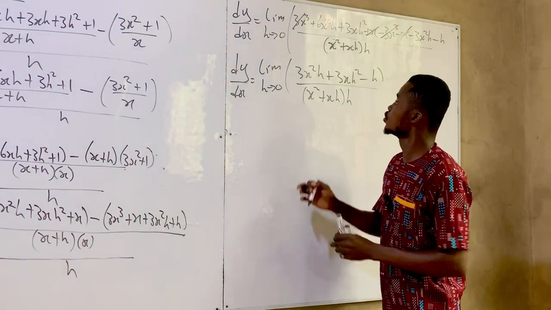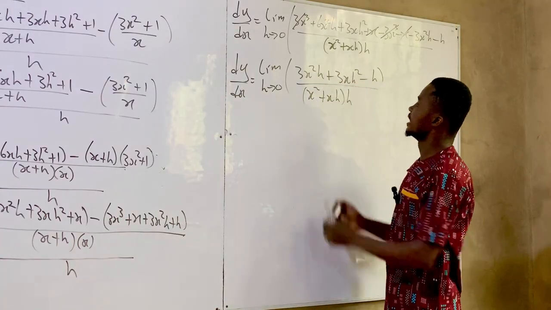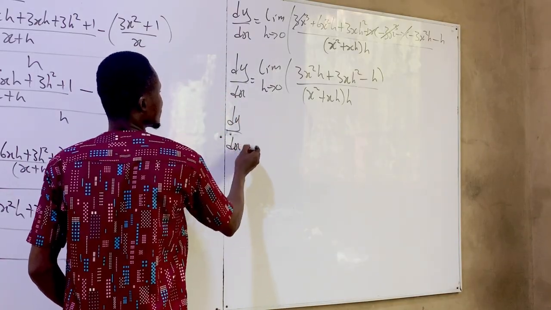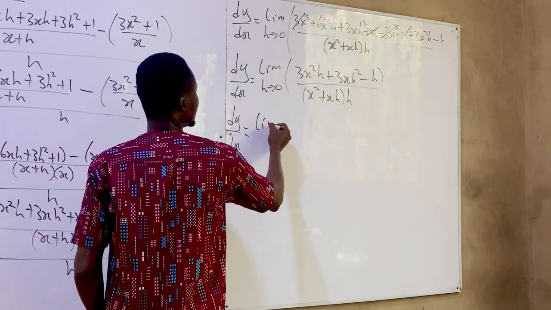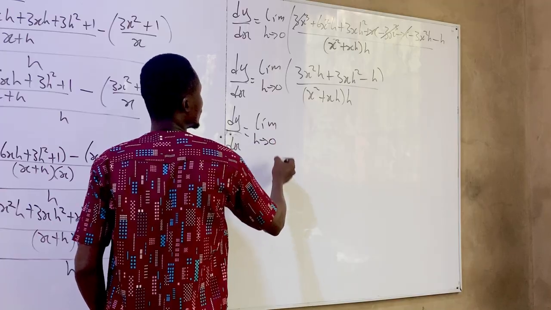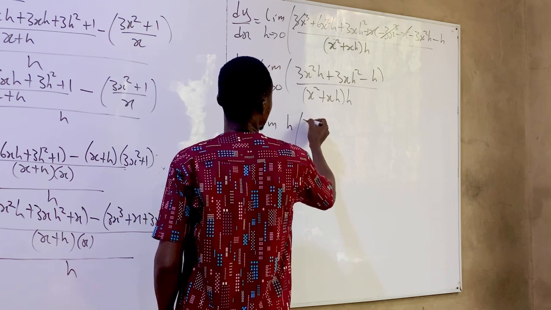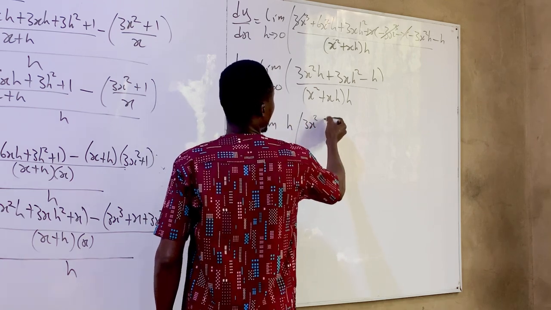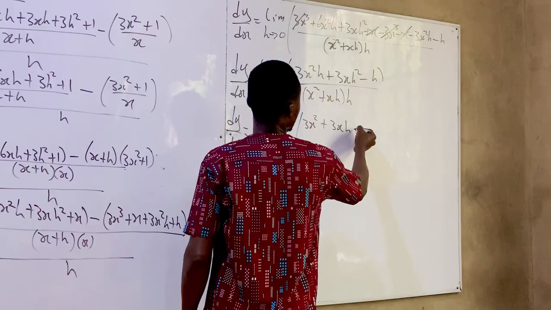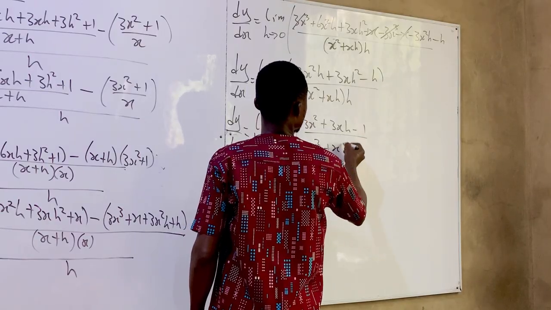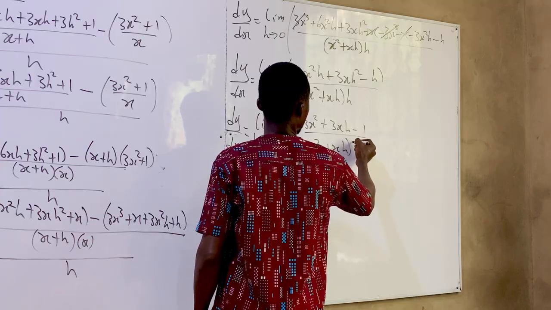The next step is to factorize the h out. So our dy over dx will be equal to the limit h approaches 0. H will be out, it will be left with 3x squared plus 3xh minus 1, all over (x squared plus xh), all over h.